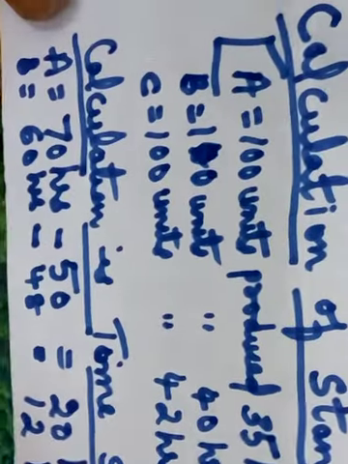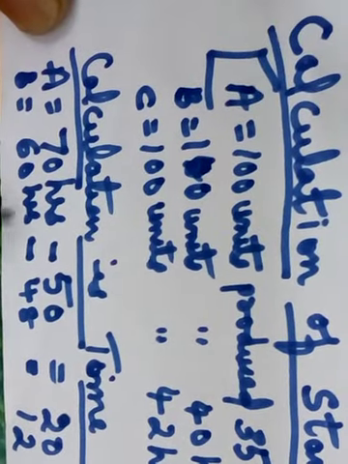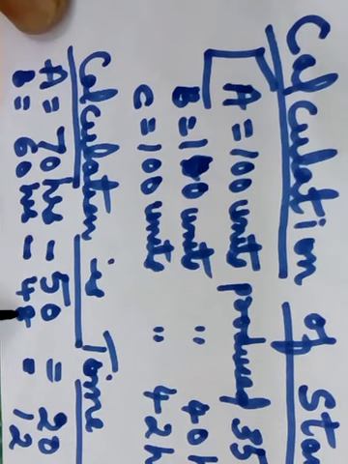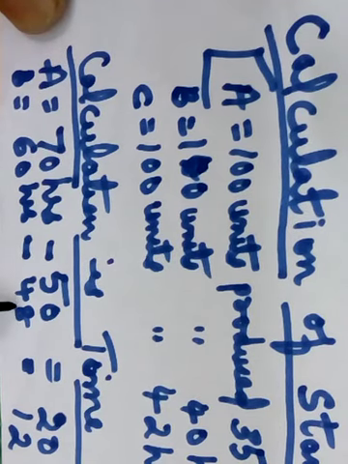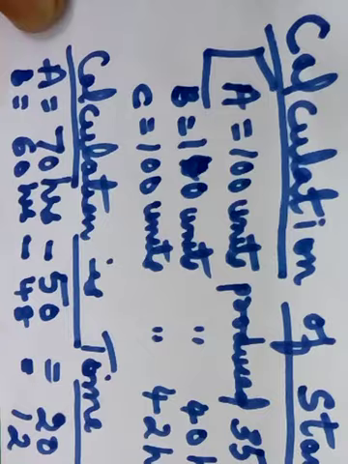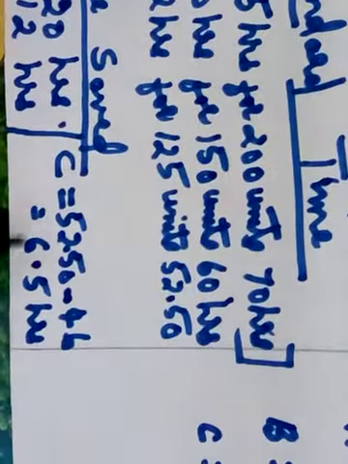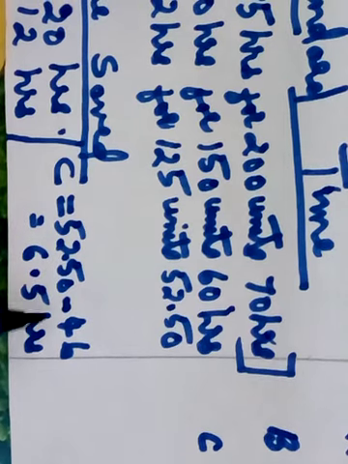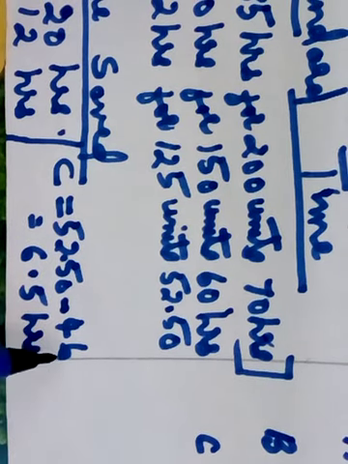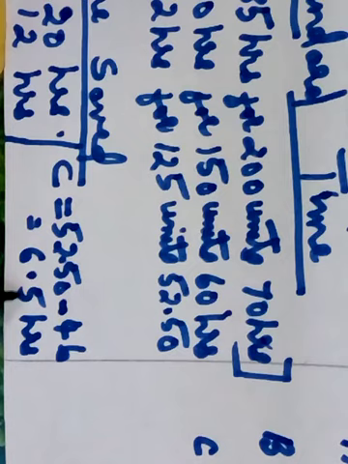In case of B, standard time is 60 hours minus actual time taken of 48 hours, and the time saved is 12 hours. In case of C, the standard time is 52.5 hours and the actual time taken is 46 hours, and the time saved is 6.5 hours. With this information we can easily calculate the earnings under Halsey bonus plan.